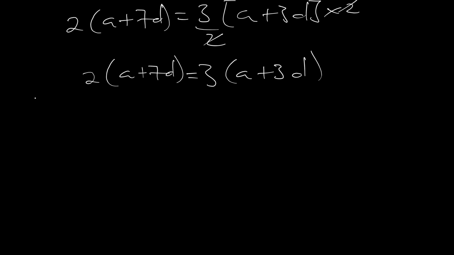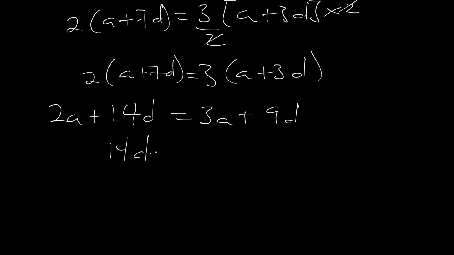Now this gives us 2a plus 14d is equal to 3a plus 9d. So when we group like terms, we have 14d minus 9d is equal to 3a minus 2a. 3a minus 2a, we have a, is equal to 14d minus 9d, we have 5d.